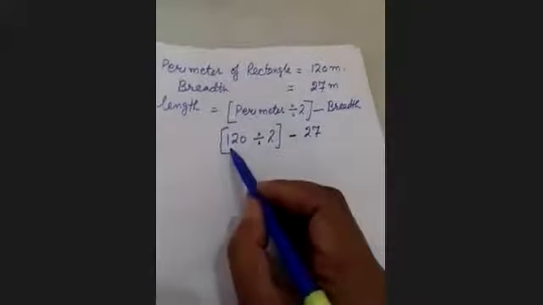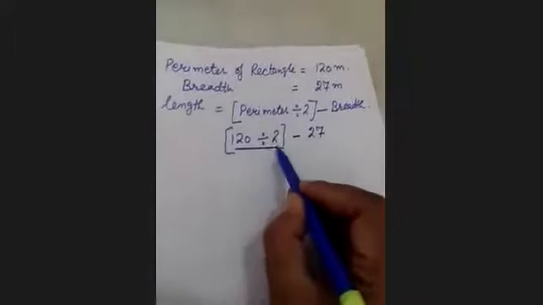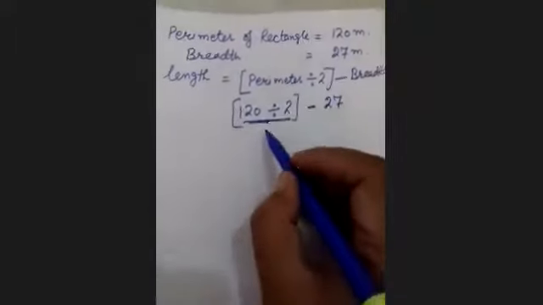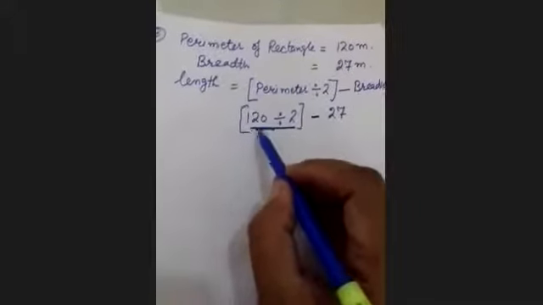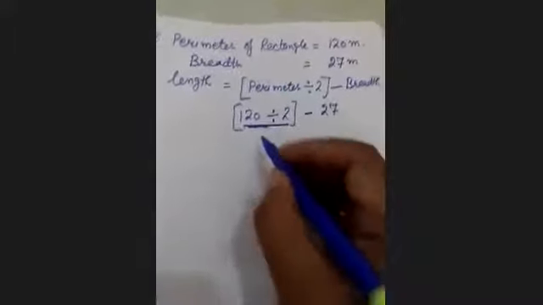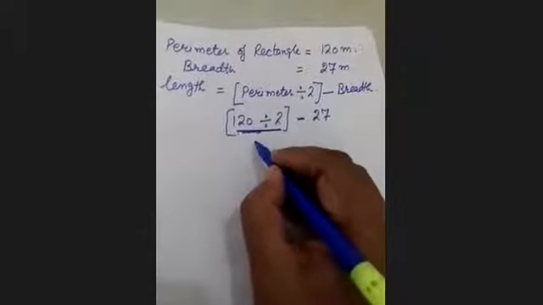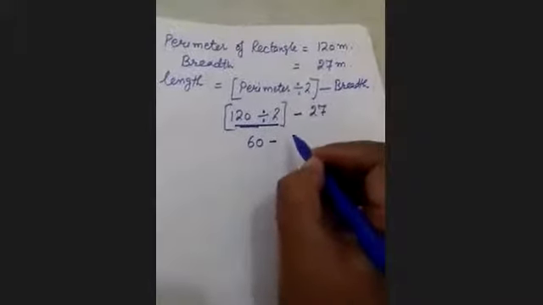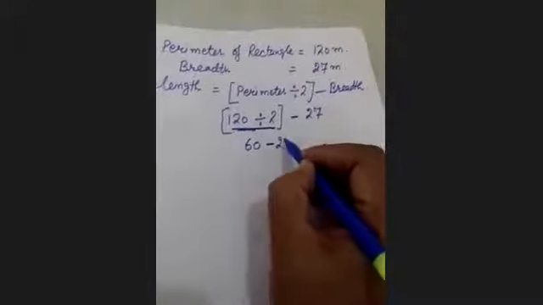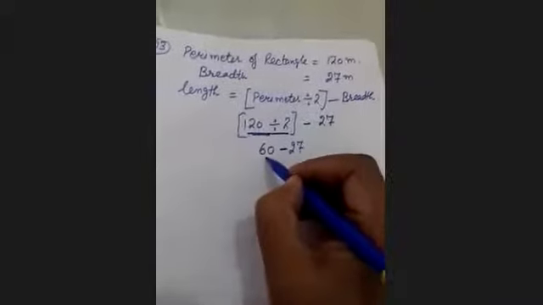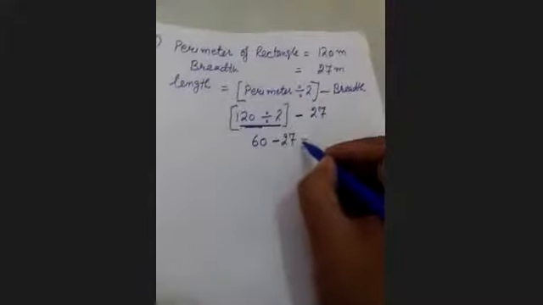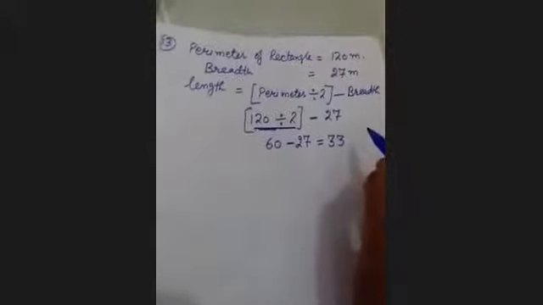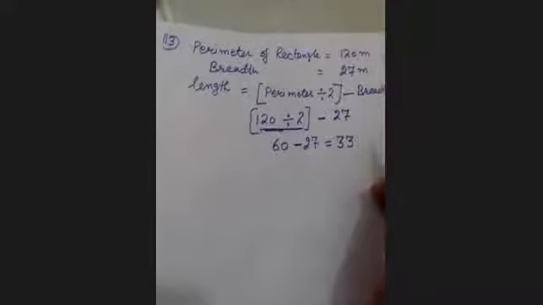So first you will solve this part. 120 divided by 2. We'll get 60, minus 27. Now 60 minus 27 is 33. So length of this rectangular field is 33 meters.